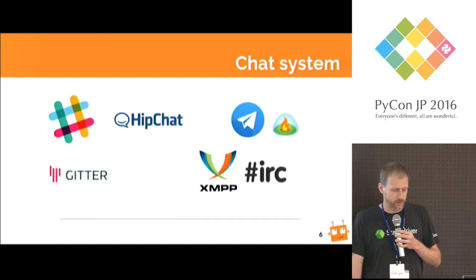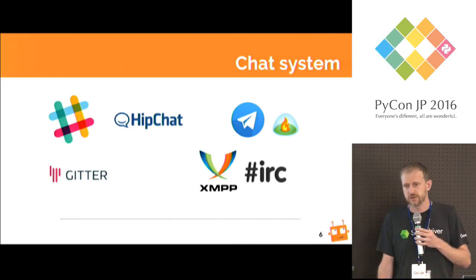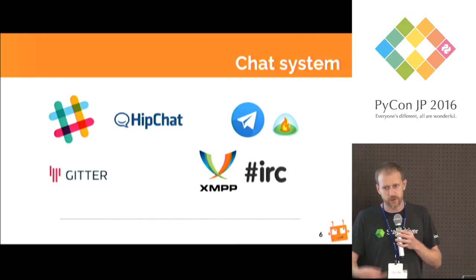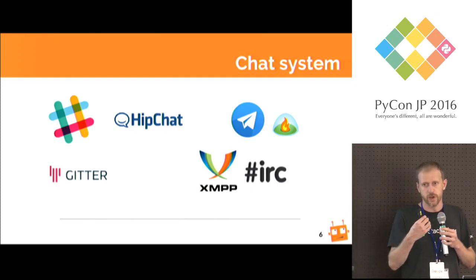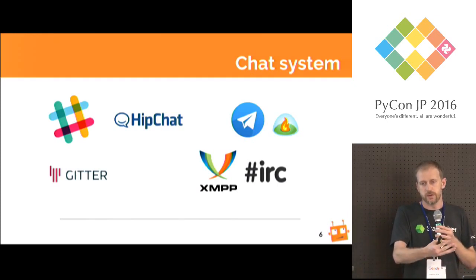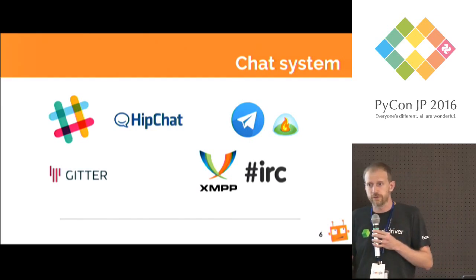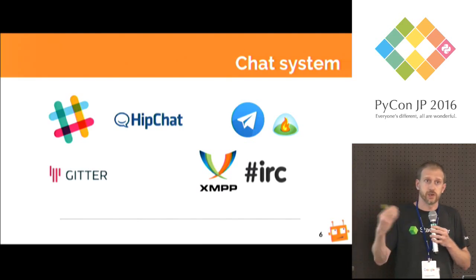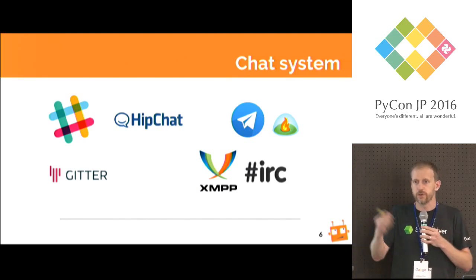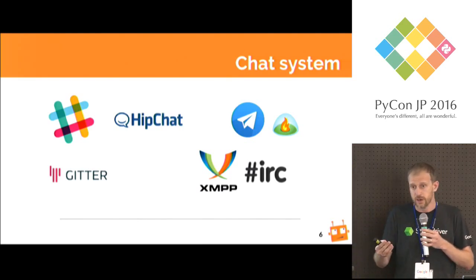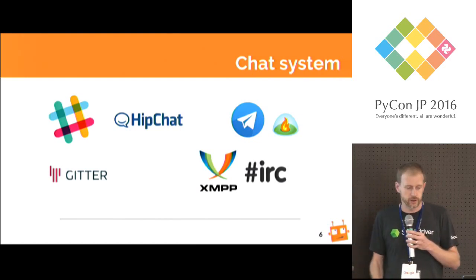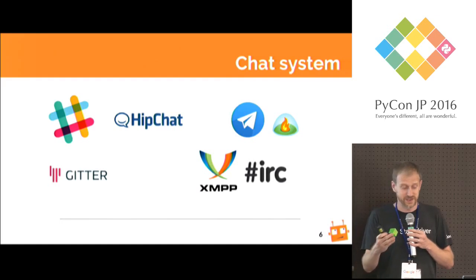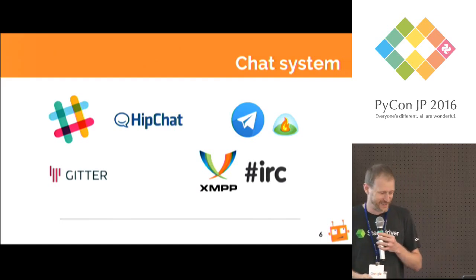There are a dozen systems you can connect to. And one of these advantages is that once you have your code running on one system, the plugins you wrote for one are actually portable to the others. So if you connect your chatbot to Slack and start to develop on that, and one day you have to change to HipChat for whatever reason, your plugin should work on it. I say that because it happened to me twice.